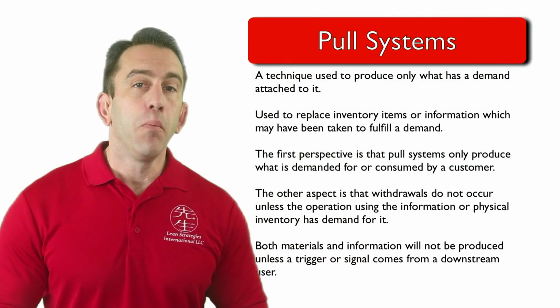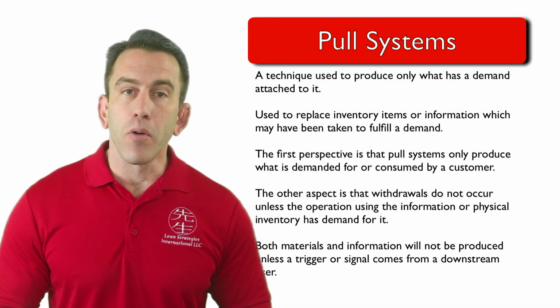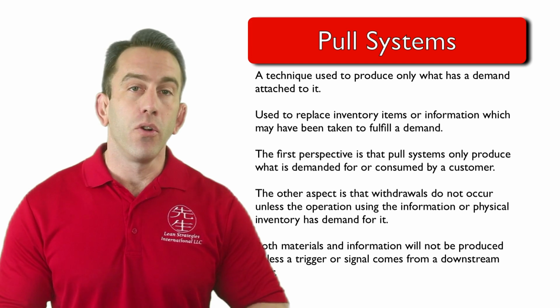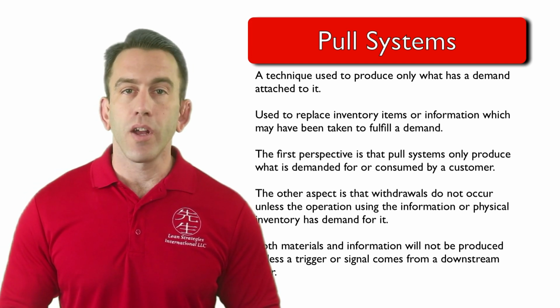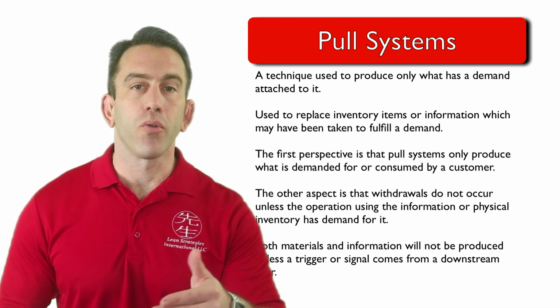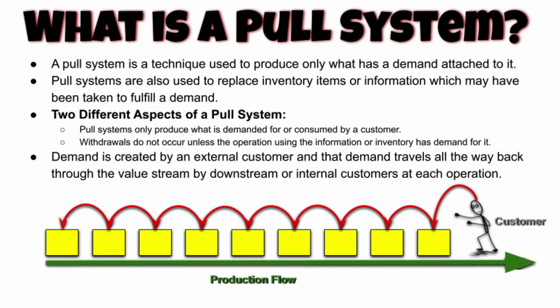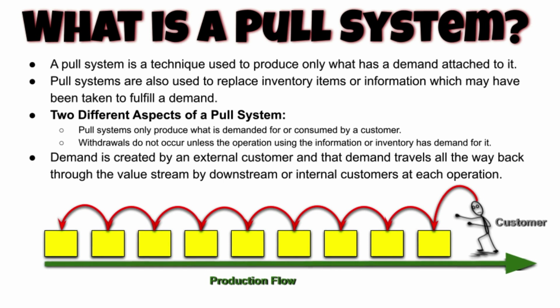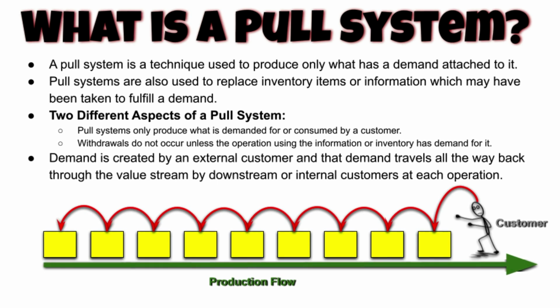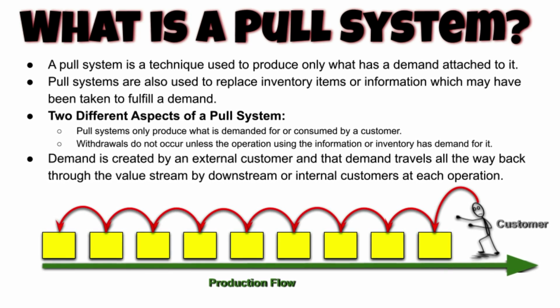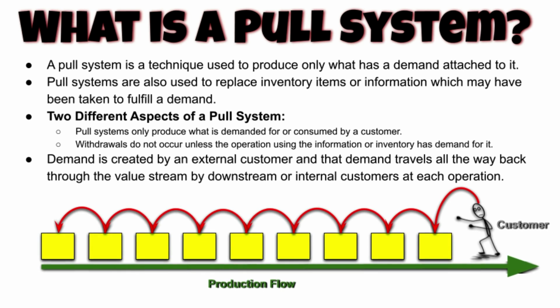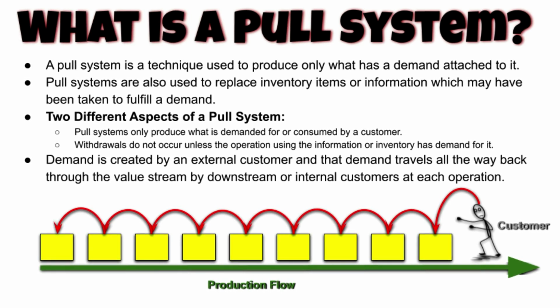In other words, both materials and information will not be produced unless a trigger or signal comes from a downstream user. The fundamental concept in a pull system is that the customer creates the demand, which naturally creates a trigger. Nothing occurs unless there is a customer attached to the demand.